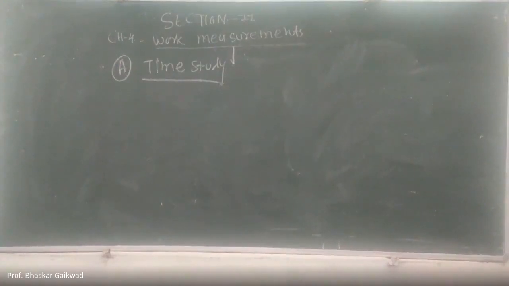So time study is the technique of work measurement to establish the time required to complete jobs through a qualified worker, specified conditions, and the desired level of performance. Desired level of performance is a 100% efficient person. So then it is called the time study. Time study is the technique of work measurement to establish the time.